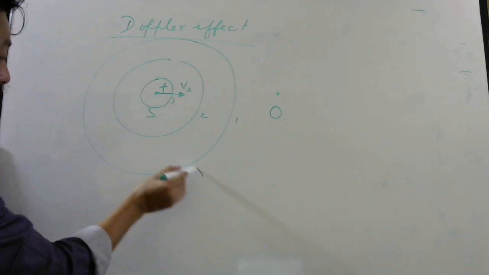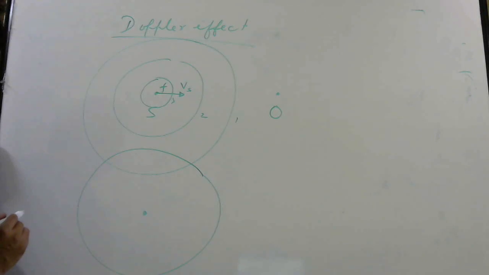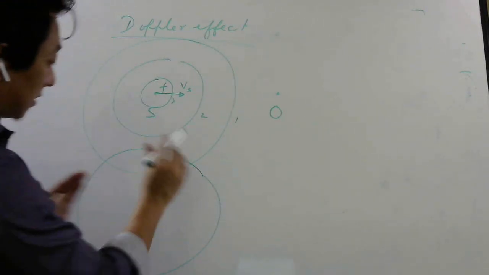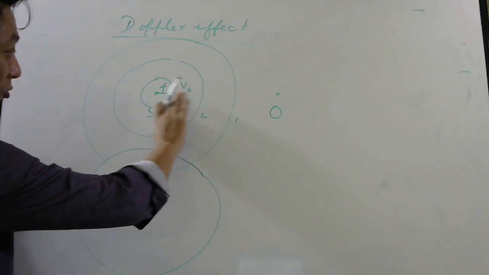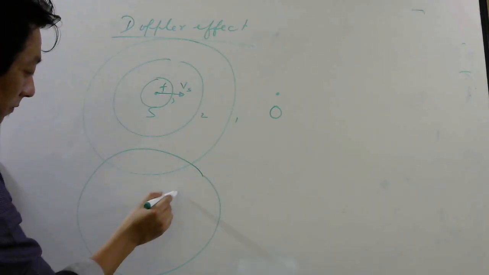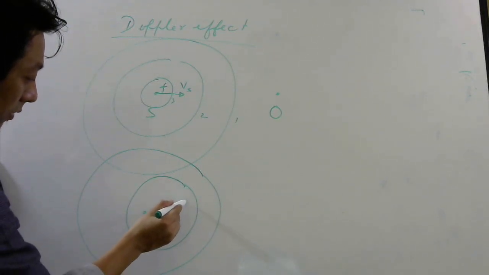By the time the first wave will spread here, the center will be here itself. But the center of the second wave cannot be here because the source is moving. Is it clear? So center of the second wave will be here. Center of the third wave will be somewhere here.